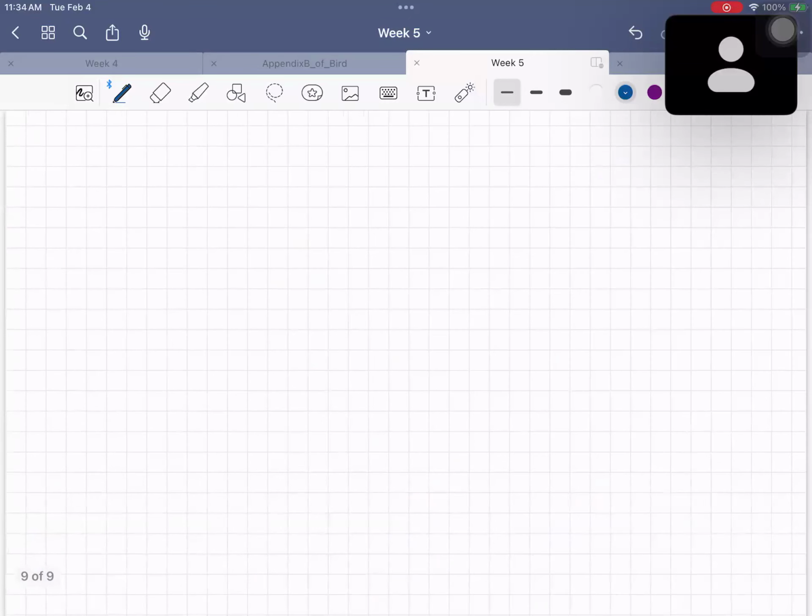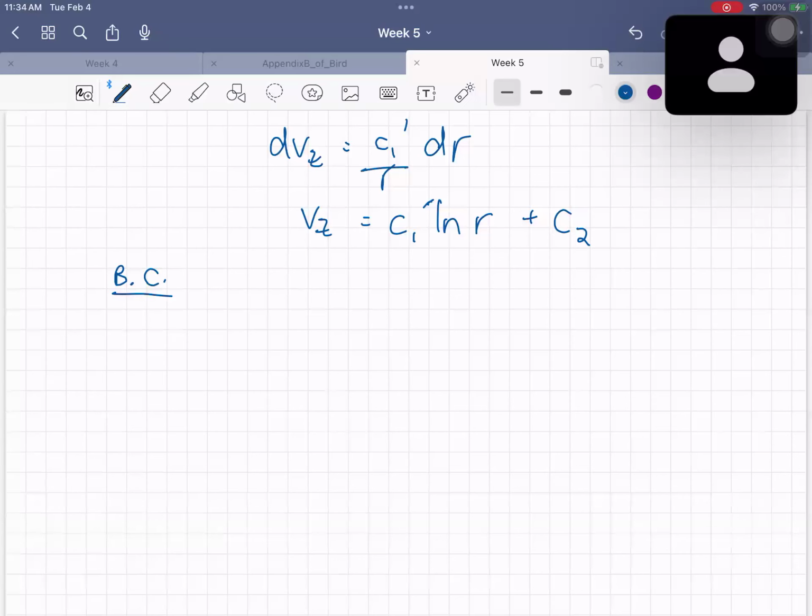All right, so it will be dvz equal to C1 prime over r dr. So integrated, that will be C1 prime log r plus C2, okay? All right. We need two boundary conditions to solve for C1 prime and C2.